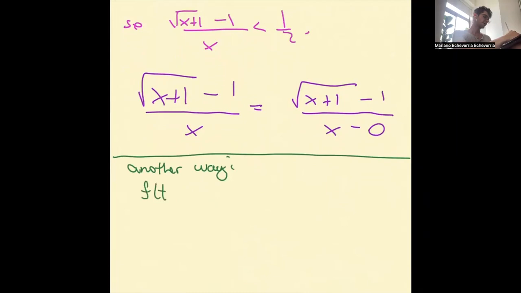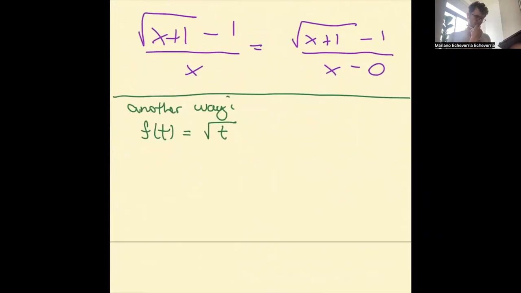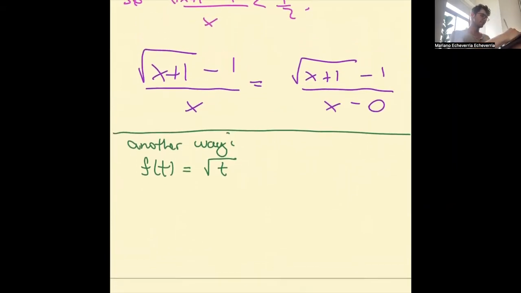I think someone had defined f of t to be root of t. Okay. So what if you had taken the function to be root of t, what would the interval need to be? It would need to be the interval 1, comma 1 plus x, right?